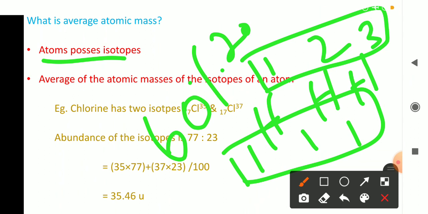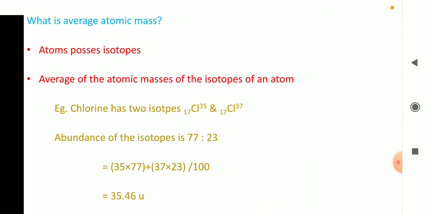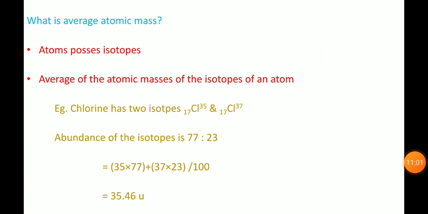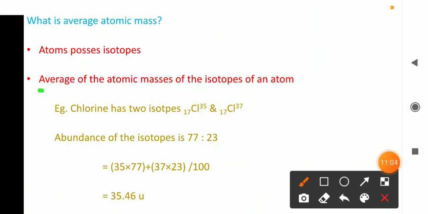So based on the percentage of relative abundance, we have to calculate the average atomic mass, which we can see now. So what is average atomic mass? Every atom possesses some isotopes, and we have to find the average of the masses of such isotopes. That will be equal to the average atomic mass. By definition, the average atomic mass is the average of the atomic masses of the isotopes of an atom.